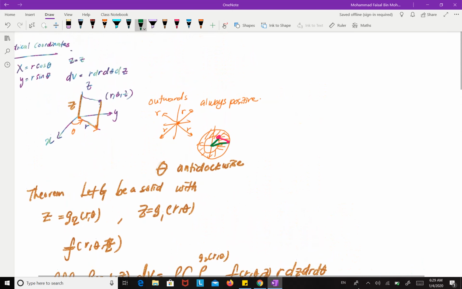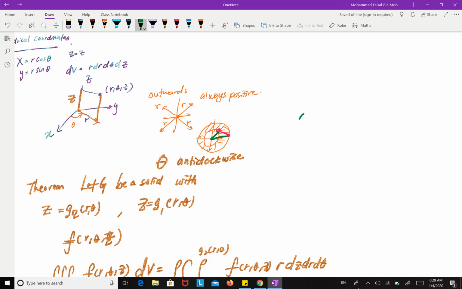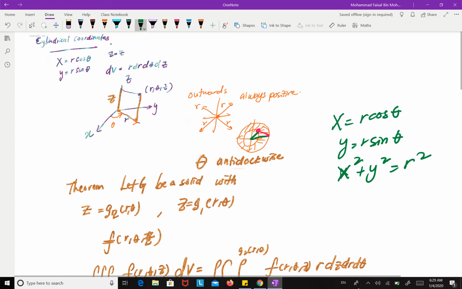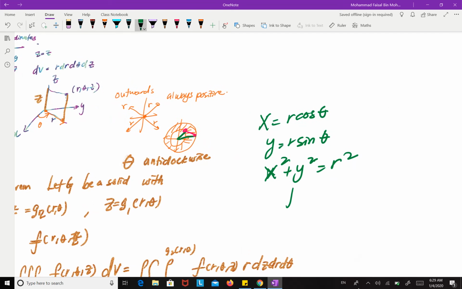Remember, for polar coordinates, x equals r cos theta, y equals r sin theta, x squared plus y squared equals r squared, and tangent theta equals y over x.